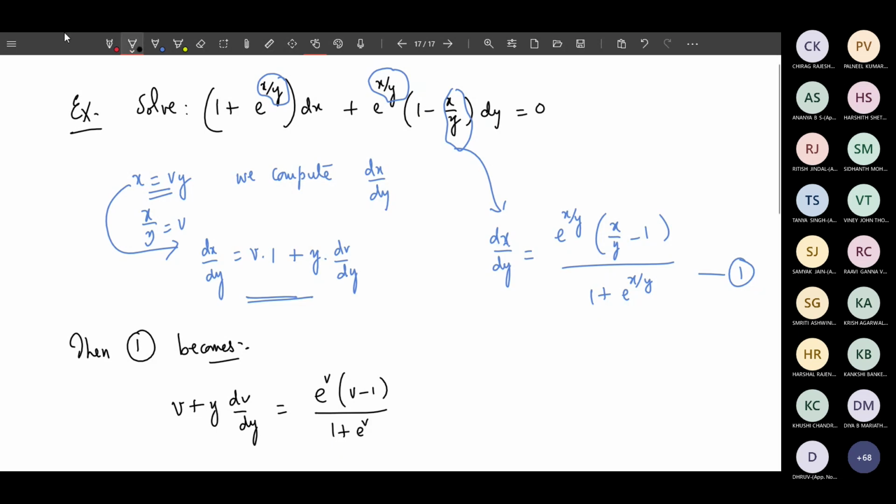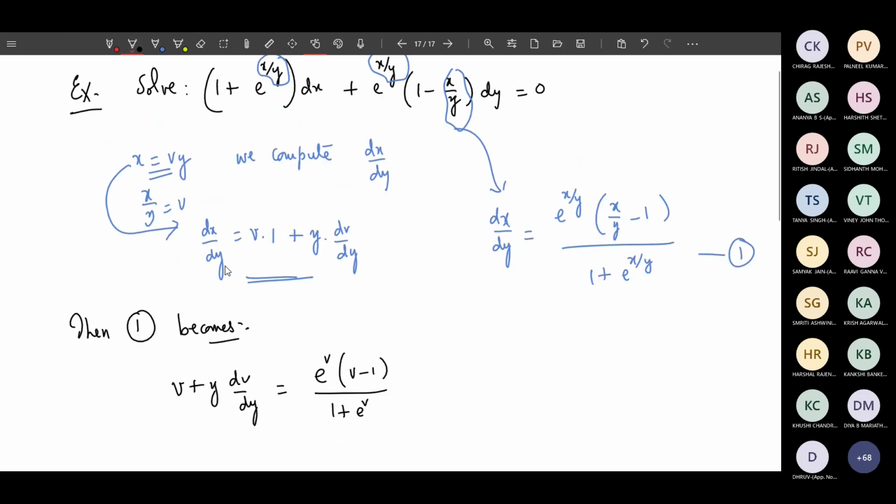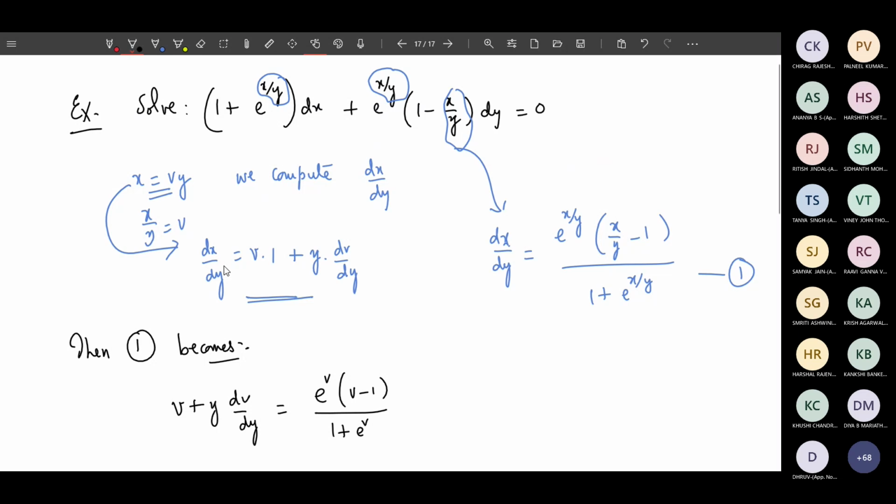This is as simple as that, because the full equation is a function of x by y. Therefore this is convenient.